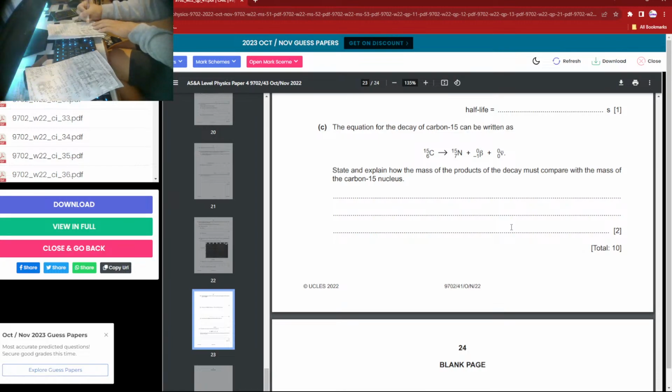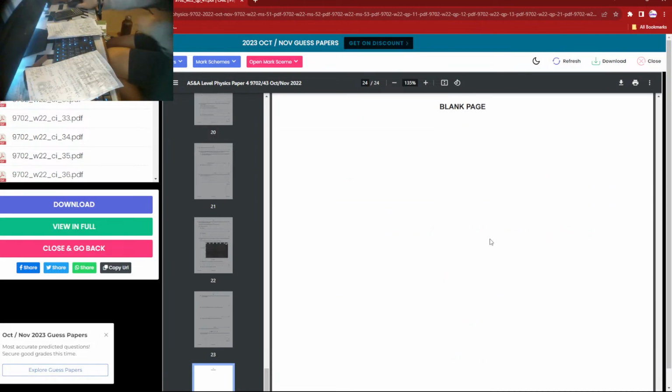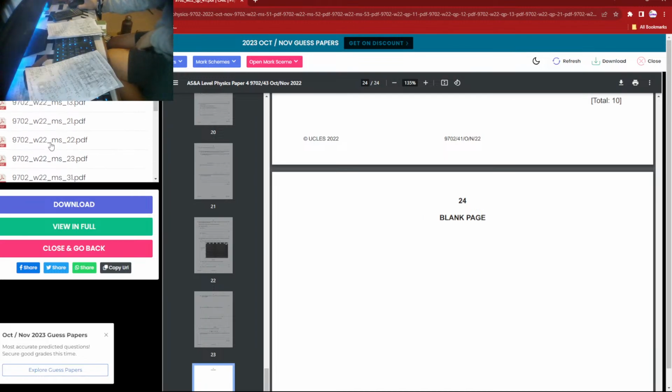Hence, products has higher mass. Okay, that's it. Let's look at the mark scheme.